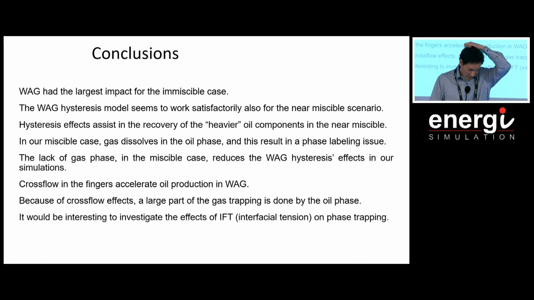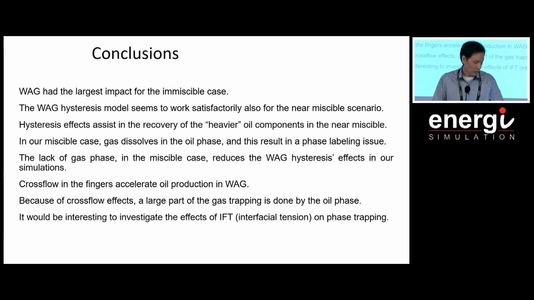So finally, our conclusions. WAG had the largest impact for the immiscible case. The WAG hysteresis model seems to work satisfactorily for near miscible scenarios. And if our model is right, WAG, besides increasing areal sweep efficiency, will also help us with recovering the heavier oil components in a near miscible case, for example.